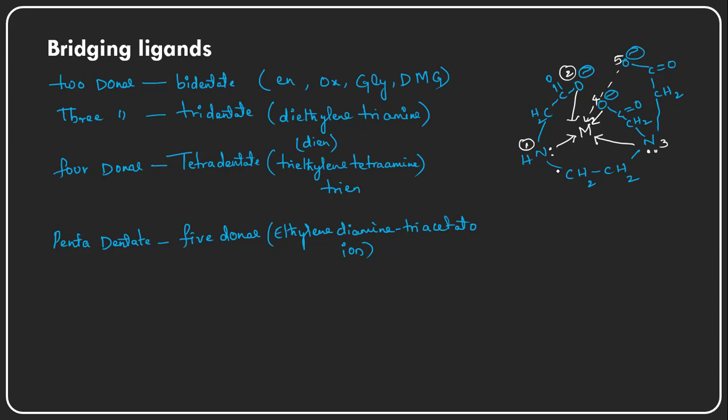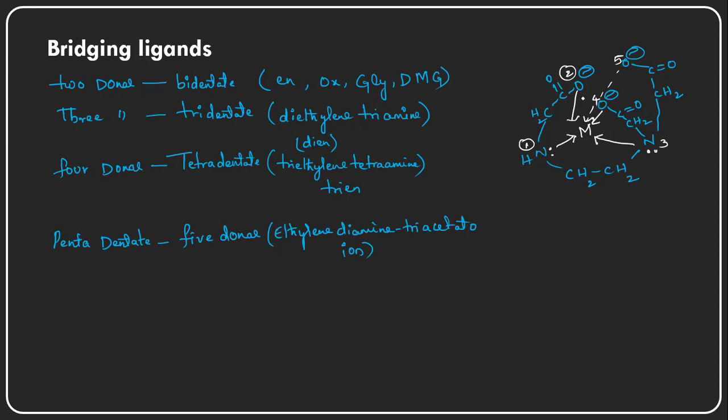So total how many donor atoms are there? Five donor atoms are present, and each donor atom can form a bond with the central metal cation at a time only. So these are called bridging ligands.